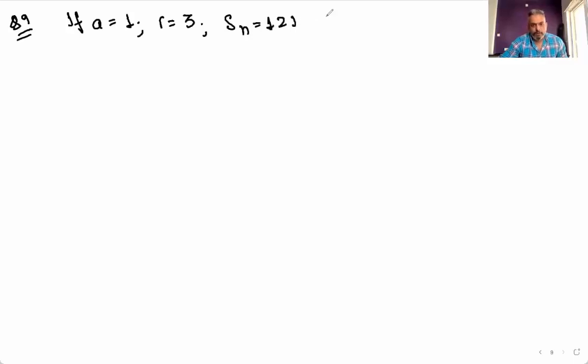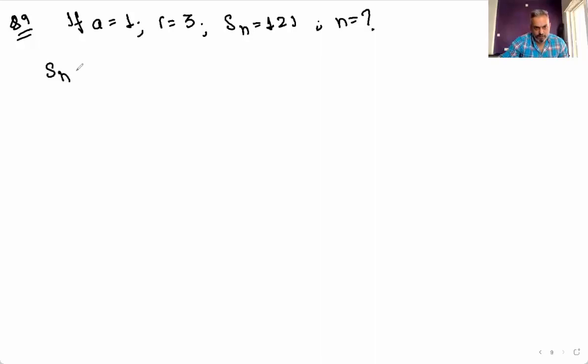Question 9. For a given GP, if A is equal to 1, R is equal to 3, Sn is equal to 121, we have to find n. So now A is equal to 1, R is equal to 3, Sn is 121.